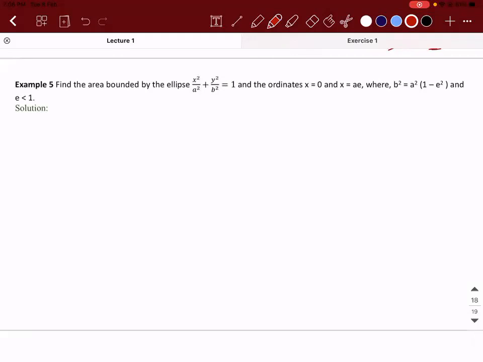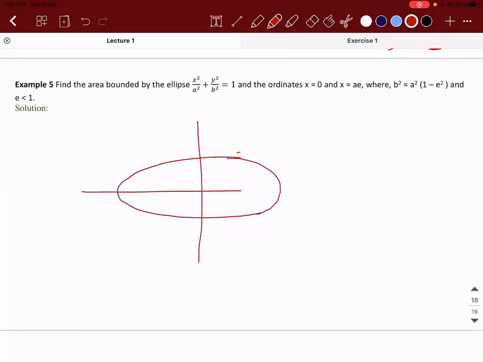Can you guys try this? Find the area bounded by the ellipse. So ellipse is something like this. So this point is a comma 0.